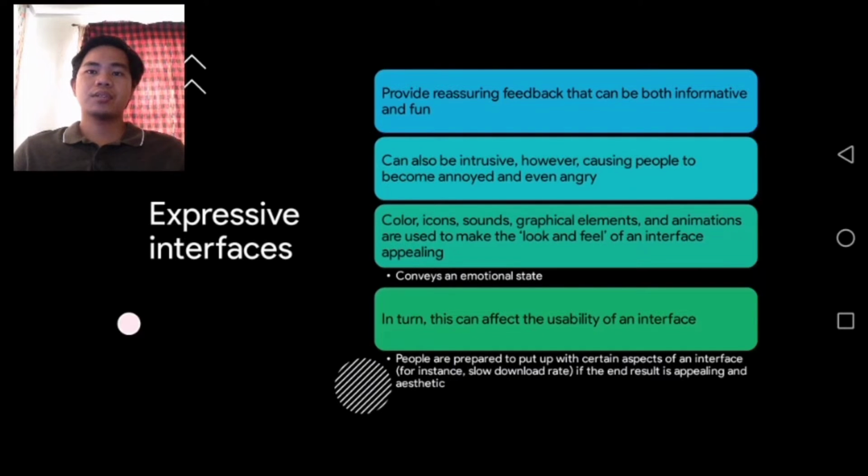Color, icons, sounds, graphical elements, and animations are used to make the look and feel of an interface appealing. People are prepared to put up with certain aspects of an interface if the end result is appealing and aesthetic. In turn, that can affect the usability of an interface.